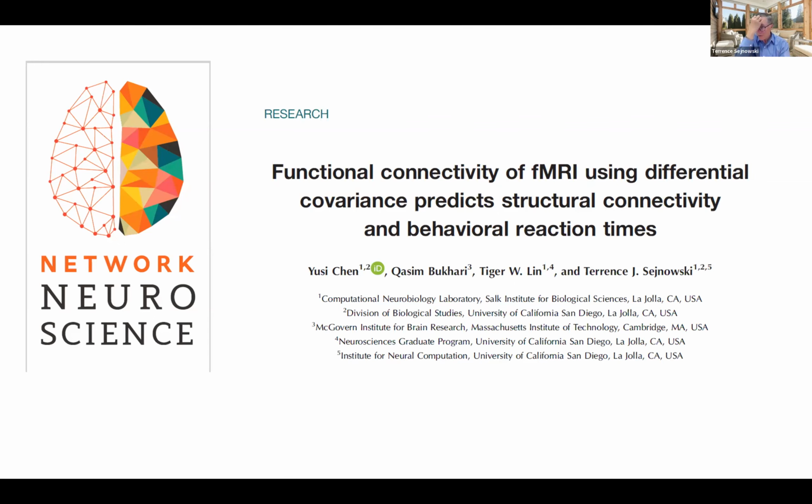Reaction times are really interesting because it's been shown that they're actually correlated with this intelligence value, this big R, which is supposed to be a global indicator of intelligence and with intelligence tests. And so if this is true, then this may be a way of tapping into that one global factor.